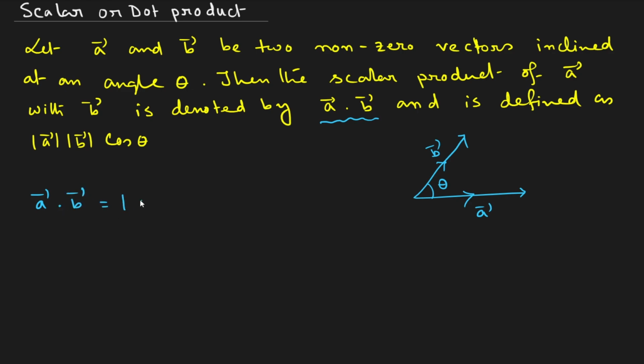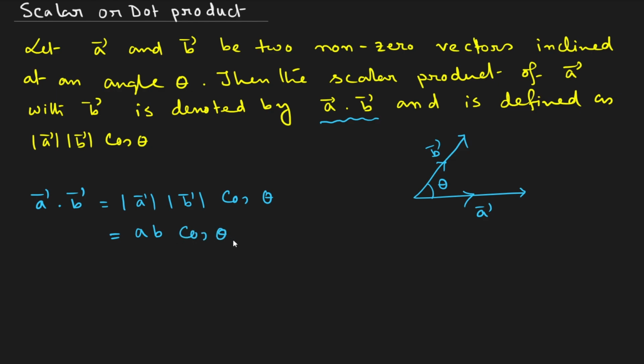And what is the formula? It's modulus a bar, magnitude of b bar, and then cos of the angle between a and b. Okay, cos theta. So the magnitude of a bar we can simply write as a, the magnitude of b bar is b, and then cos theta.